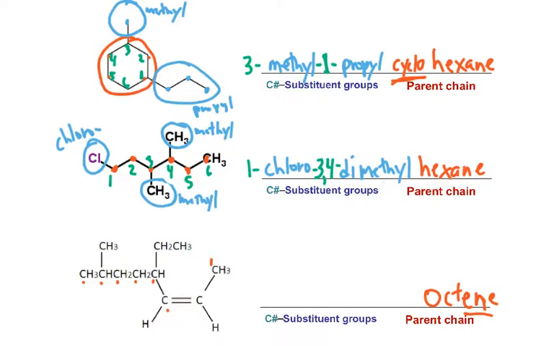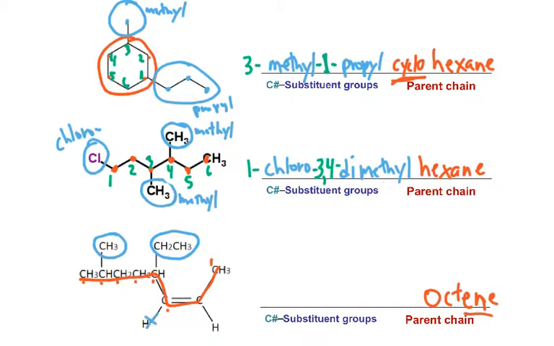All righty, so how about this? I'll just draw a line through my parent chain. That way I know I've already named that part of the molecule. That was the octene. Now I'm going to circle the substituents. This carbon group here, this carbon group here. These hydrogens are not substituents.